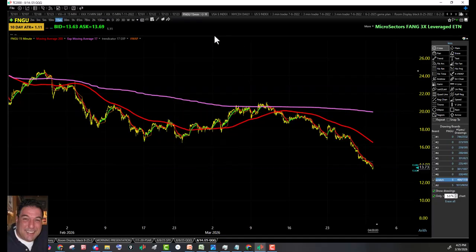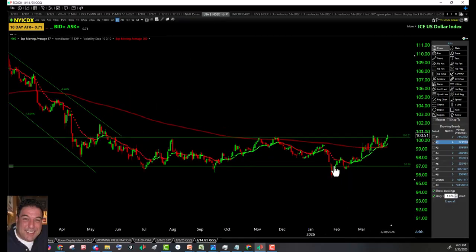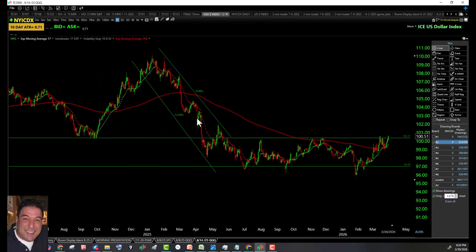Let's look at the U.S. dollar index. The U.S. dollar index is trying to stage a rally and break out of this bear flag. Here's the 2025 high. From there, we started a daily downtrend, making a series of lower highs and lower lows.